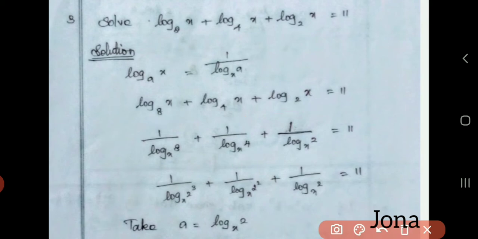Then 8 can be written as a power of 2, so it will be 2 cube. Here 4 is 2 square, and 2 is 2 power 1.